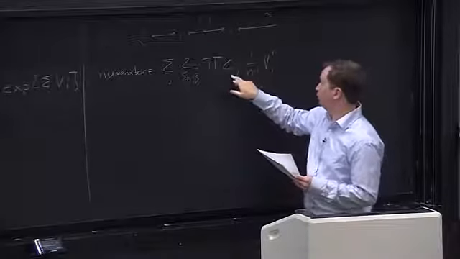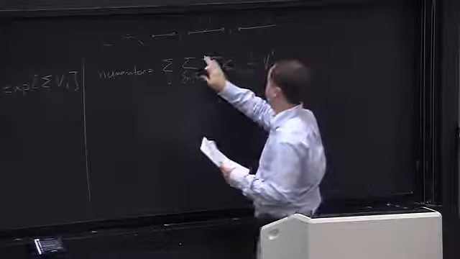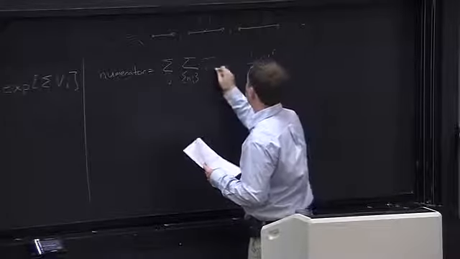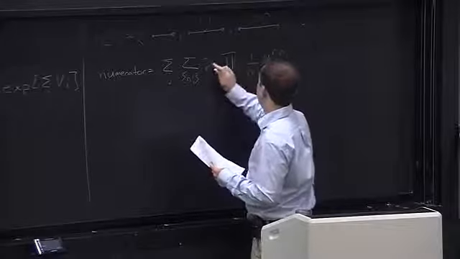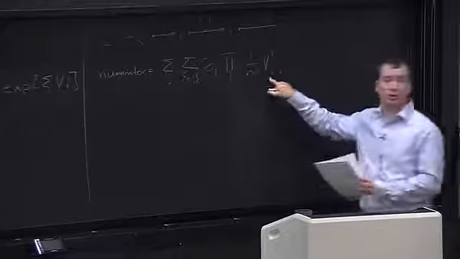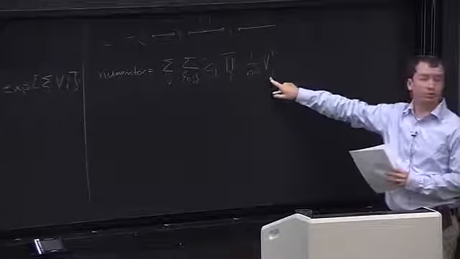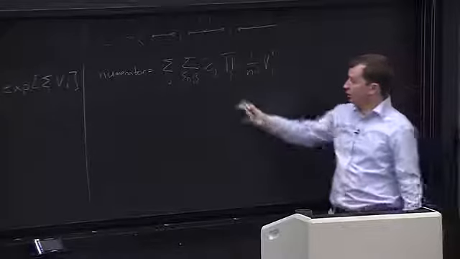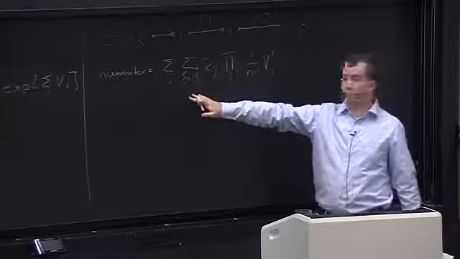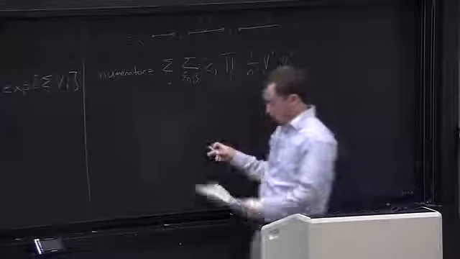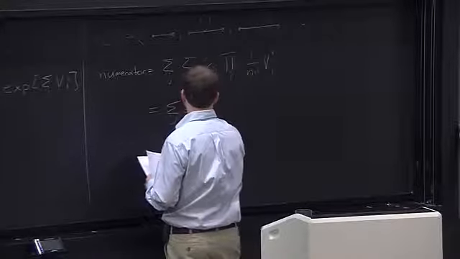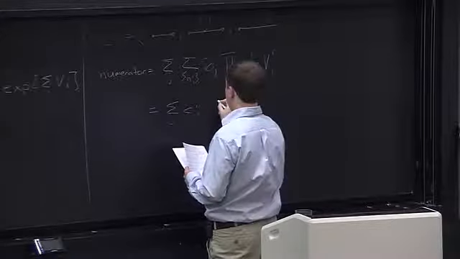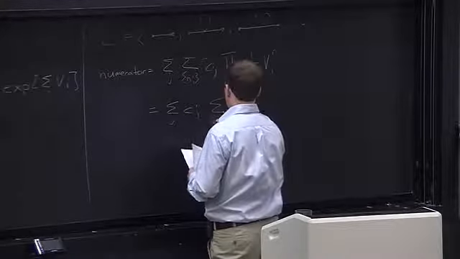Well, right, maybe I should write the Cj first. Cj times the product over I. So the Cj times some number of connected vacuum diagrams. And the Cj's completely factor out of the sum. So we can write this as the sum over j of Cj times exactly what we had before.